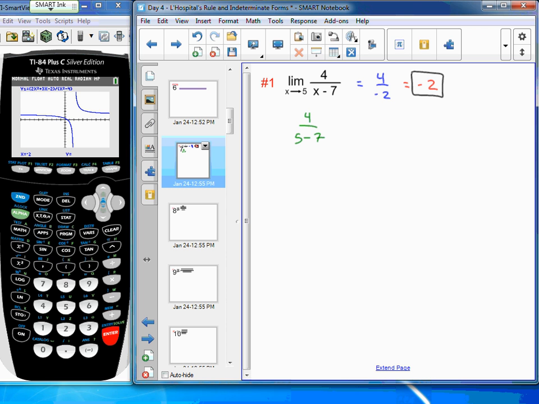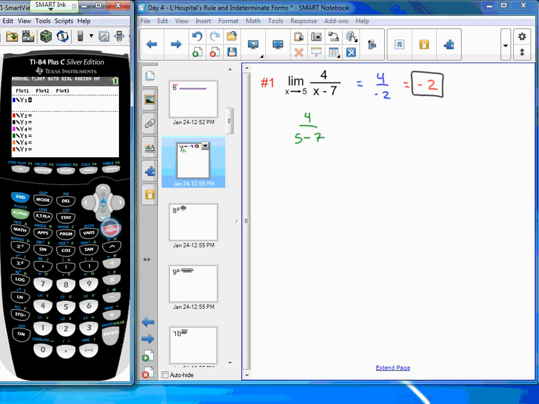Using graphing calculator technology, we could clear out my original function and enter 4 over x minus 7 as x approaches 5. The y-coordinate that the function attains is negative 2.